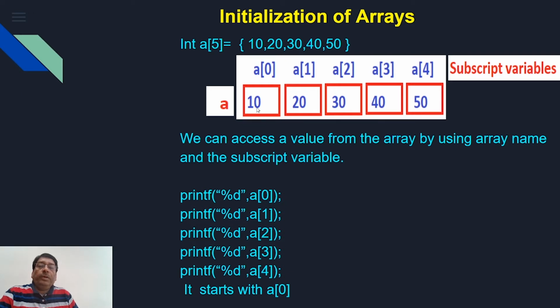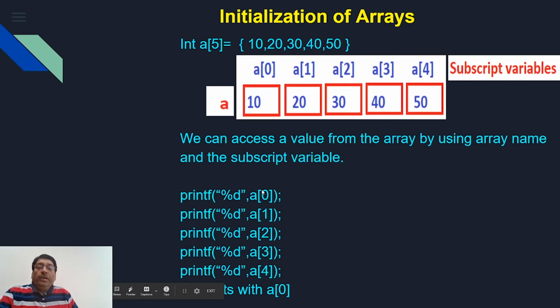So if I want to display all the numbers from this array one after the other, I can say printf %d a[0]. So it will display the value present at a[0], then a[1], then a[2], then a[3], then a[4], and so on.